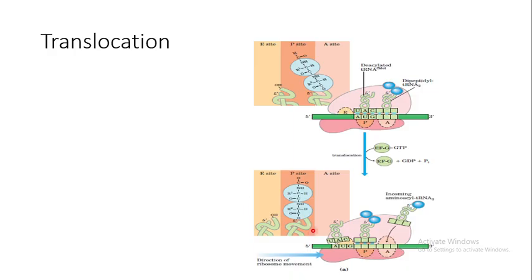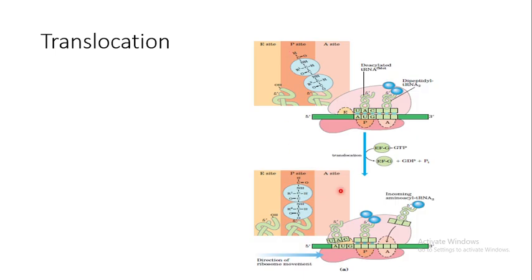So for this translocation step, EFG is there. EFG is binding with the GTP. So after the GTP hydrolysis, the energy released from the GTP hydrolysis is used for the translocation step in this translational elongation. Right.